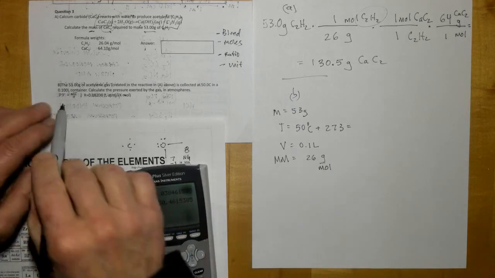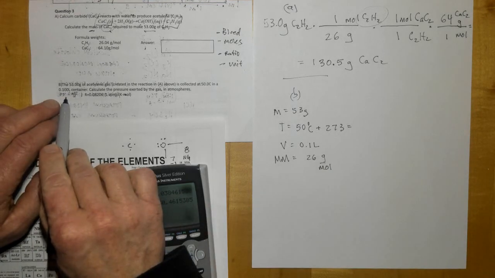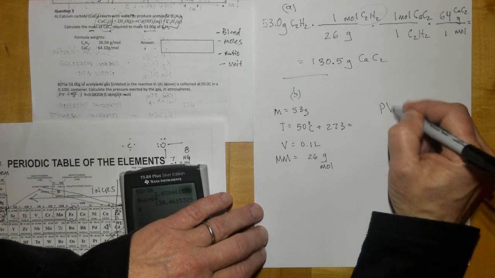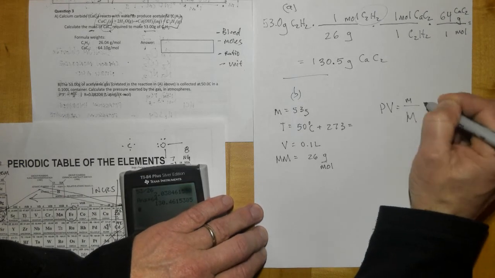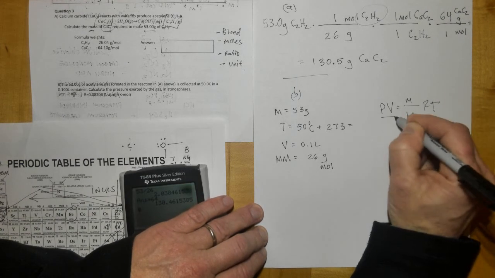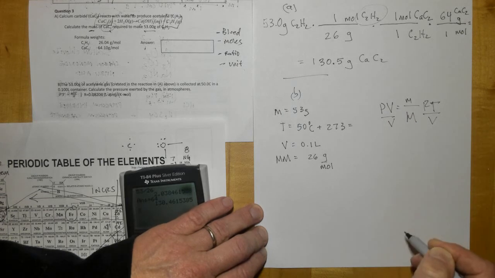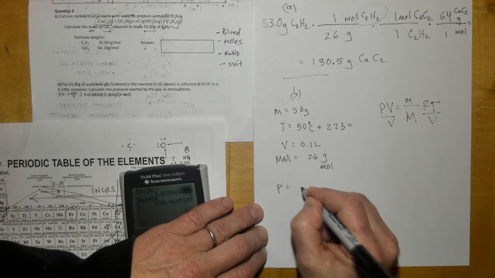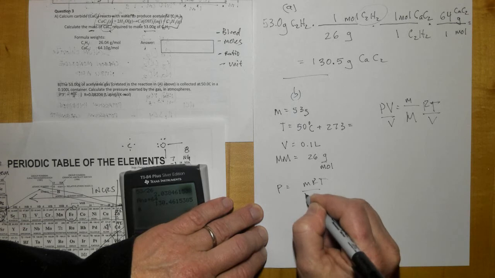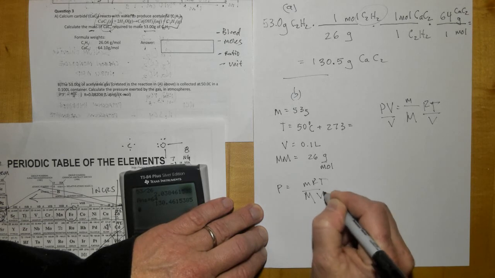And now we can take this equation and we can solve it for pressure. So we have PV equals mass over molar mass times RT. Divide both sides by V right here to get the pressure. So now we have pressure equals MRT divided by molar mass times volume.